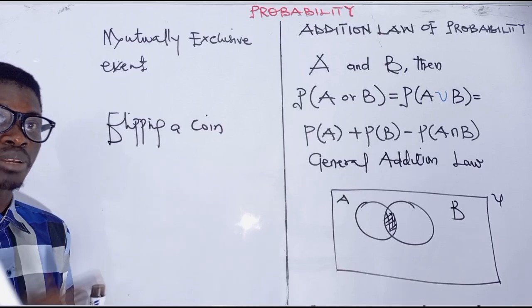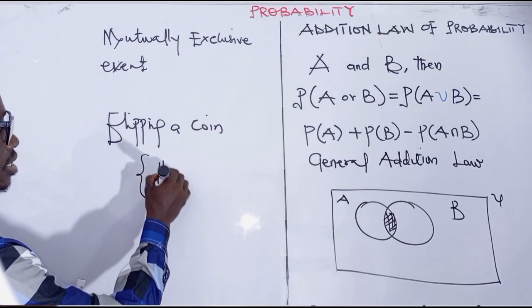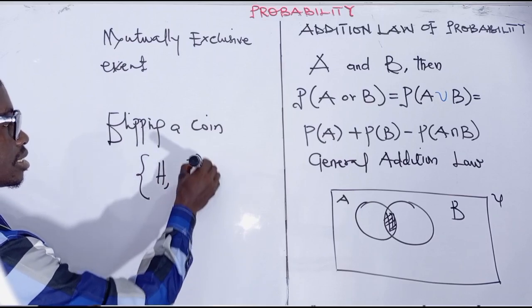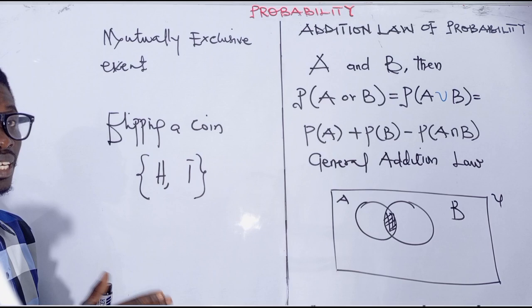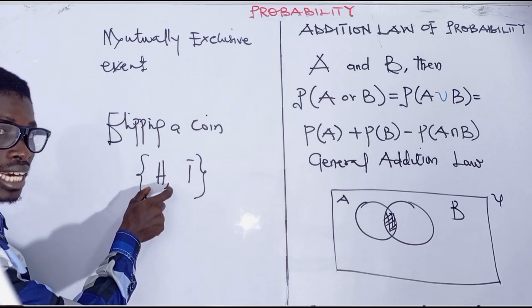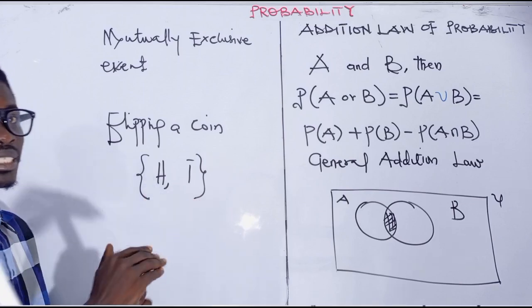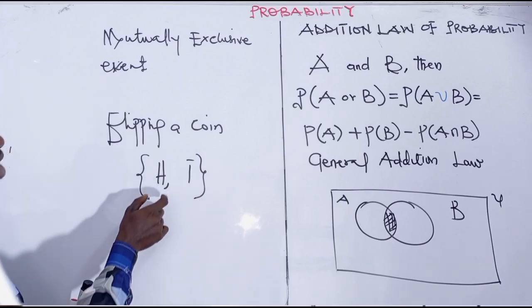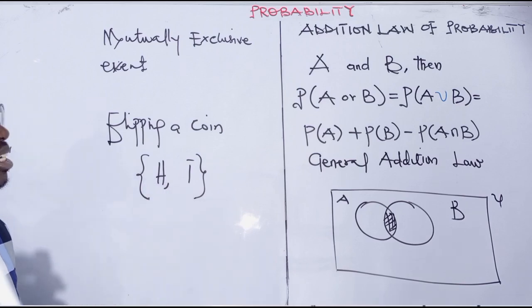When we flip or toss a coin, we get either a head or a tail, but not head and tail at the same time. Therefore, the events of having a head or a tail are mutually exclusive events.